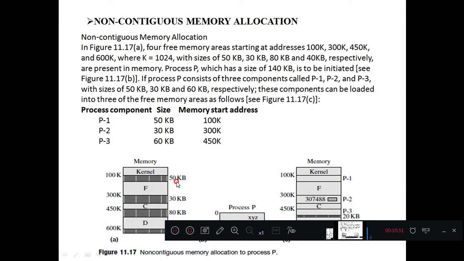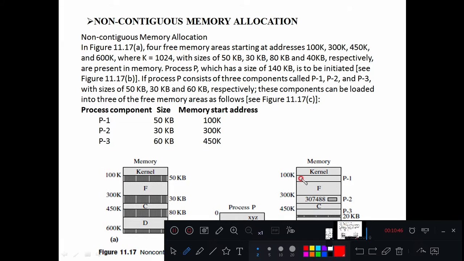So the last address of P1 is 100k plus 50k, which is 150k, that is 150 into 1024. So it falls in this range.